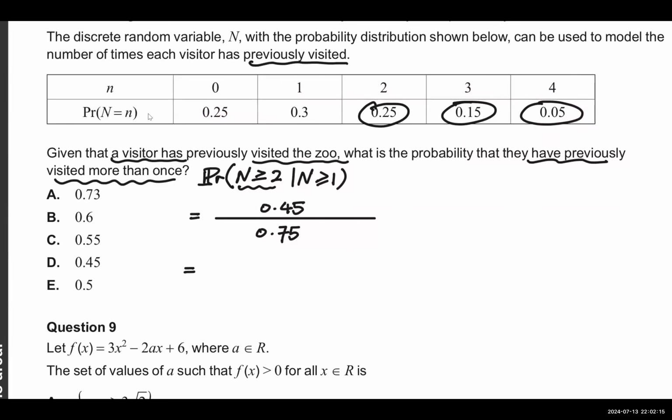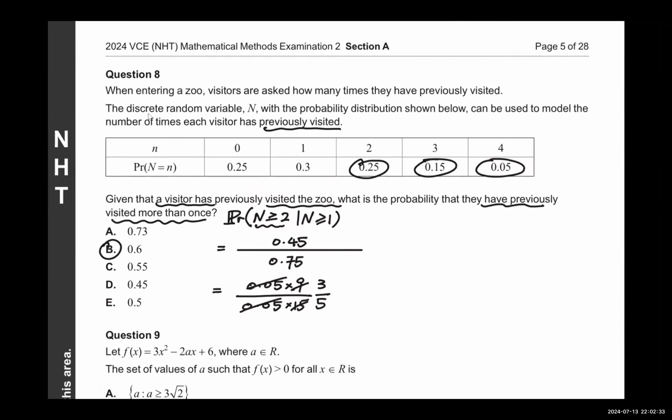And if you do a quick calculation here, I suppose you could write it like 0.05 times 9 divided by 0.05 times 15, cancel them out, and cancel by 3, you get 3 out of 5. Okay, so the answer is 0.6.